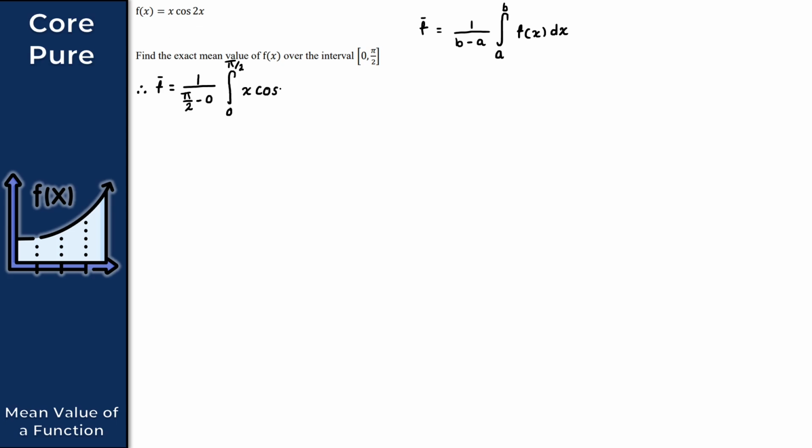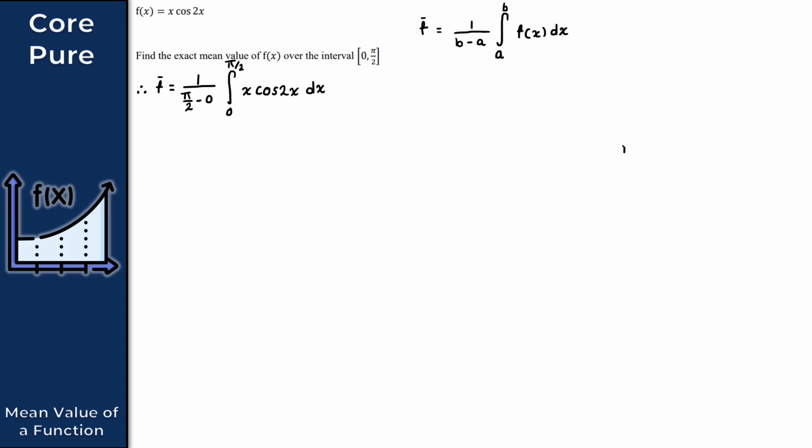So x cos 2x there. And don't forget here then that we integrate with respect to x. Okay. So what we need to do here now is use integration by parts to evaluate this integral here, right? We have a product of functions.